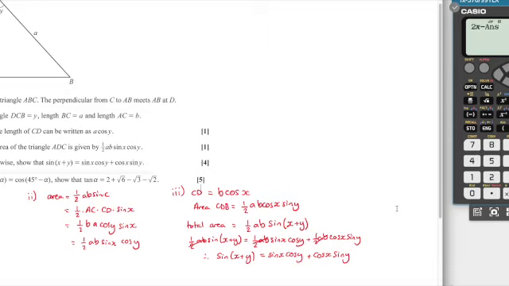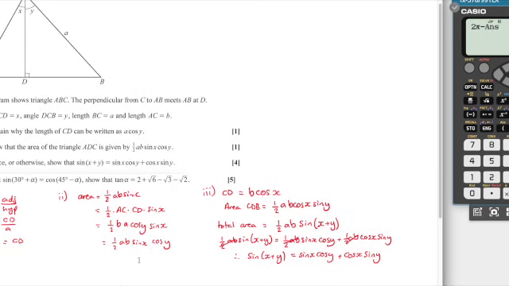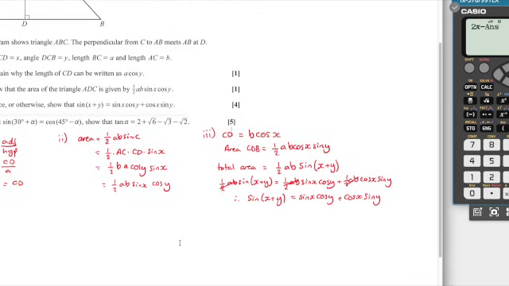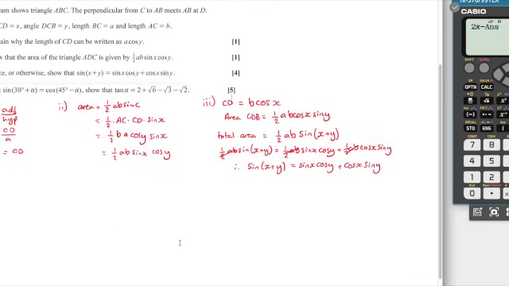Hence or otherwise, show that sine, I've just done that, given that sine of 30 plus alpha is cos of 45 minus alpha, show that tan alpha is 2 plus root 6 minus root 3 minus root 2. So this feels like some double angle stuff.